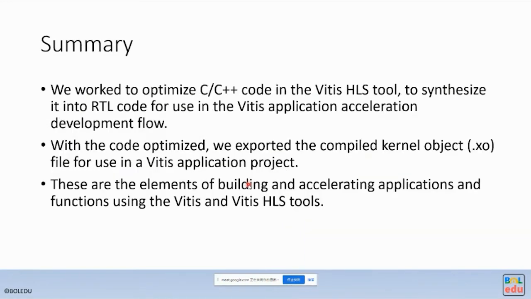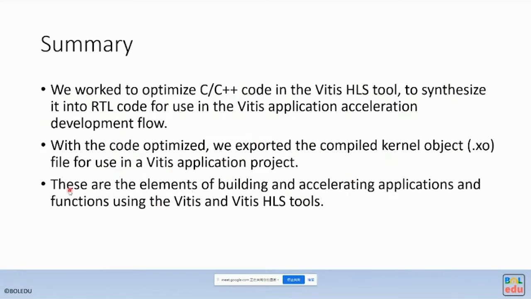The summary is we work with optimized C or C++ code in this tool, and synthesize it into RTL code for the Vitis application acceleration development flows. With this code optimized, we export the compiled kernel object file for use in a Vitis application project.